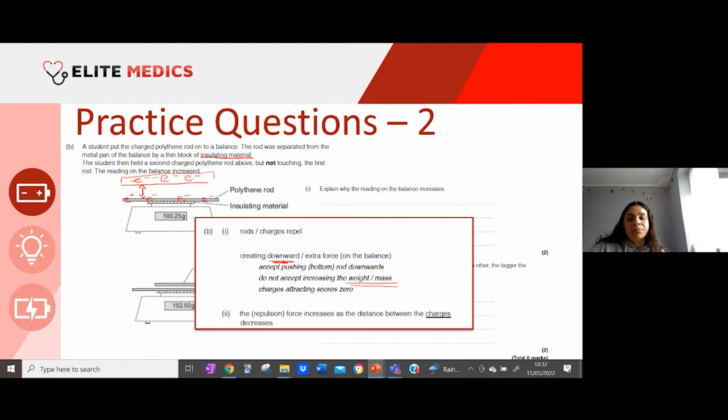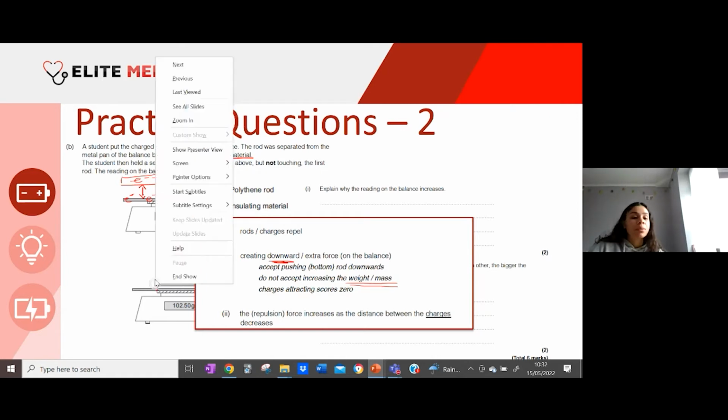And then for the second part of the question, as we move the rod closer, the weight increases. You can see first it was 100.25 and now it's gone to 102.5. Like we said earlier, as you move two electrically charged objects closer together, the charge, whether that's repulsion or attraction, is going to be greater.